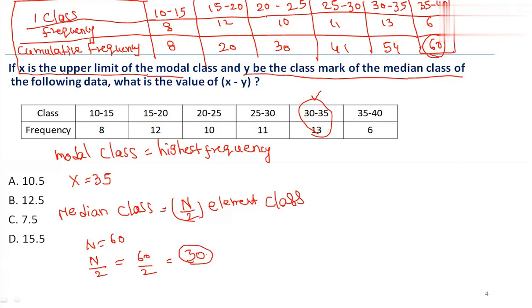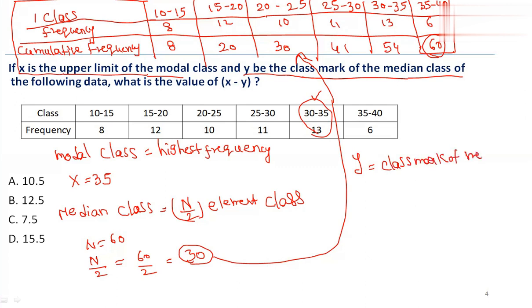What is 30 here? 30 is the cumulative frequency of the class 20 to 25, right? So the median class is 20 to 25. That means Y is the class mark of the median class.